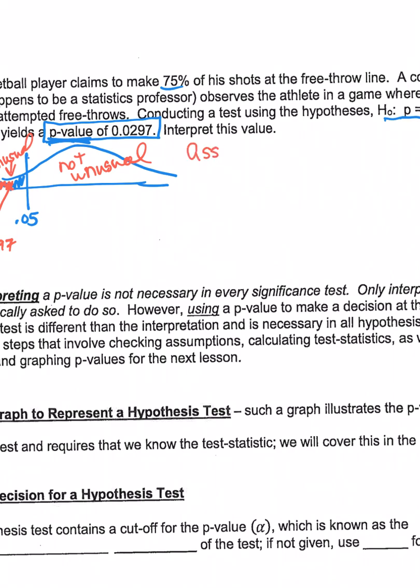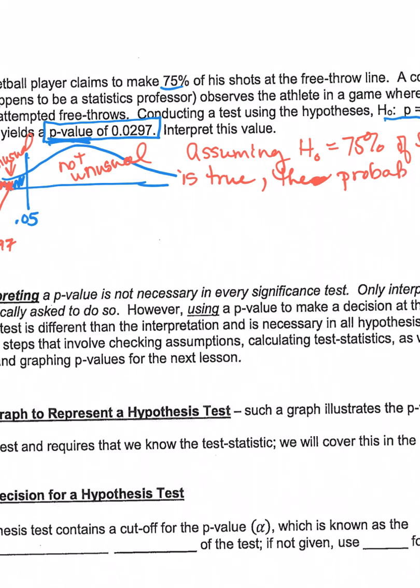We're going to assume, what is H naught? He makes 75%. So we're going to assume that H naught, 75% of free throws made, is true. The probability of him making less than, well, he made 14 out of 24, right?